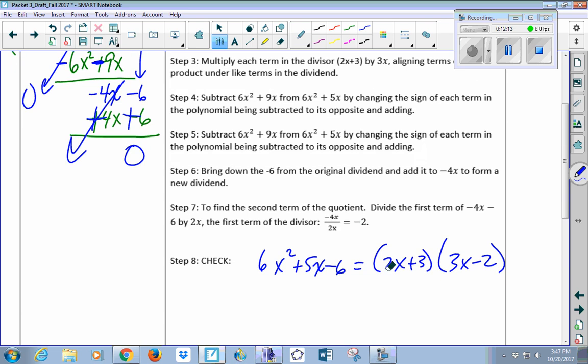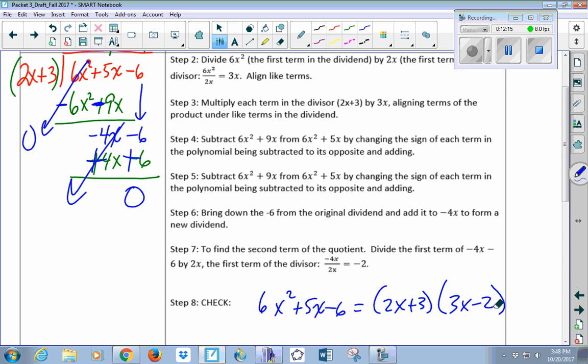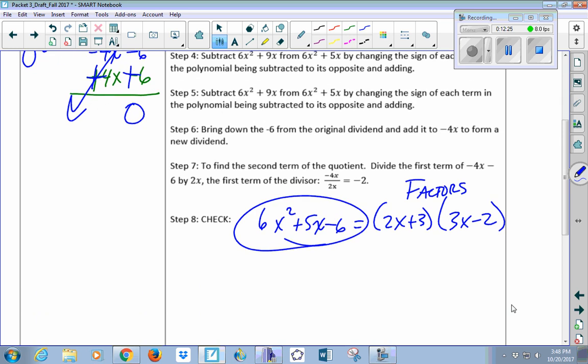So now we say that 2x plus 3 and 3x minus 2 are factors. These are both factors. They divide evenly into 6x squared plus 5x minus 6. In other words, the remainder is 0. Anytime your remainder is 0, you have found the factors.